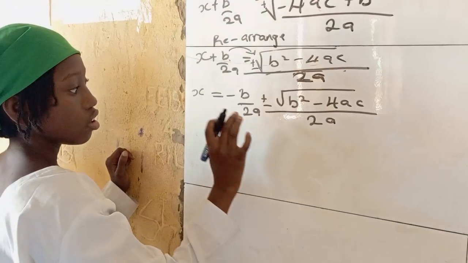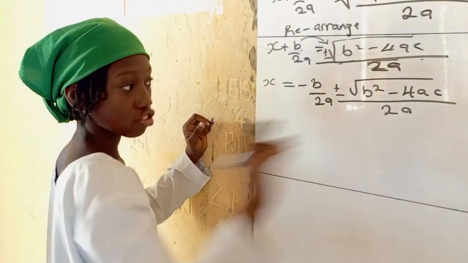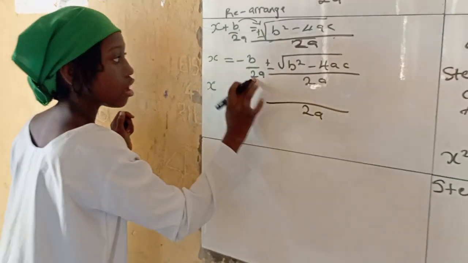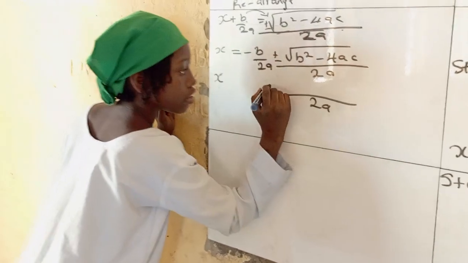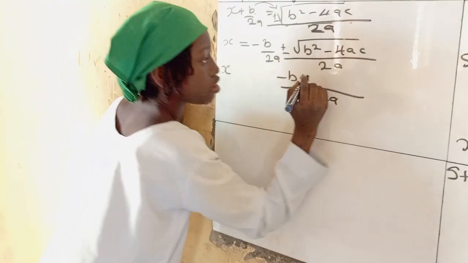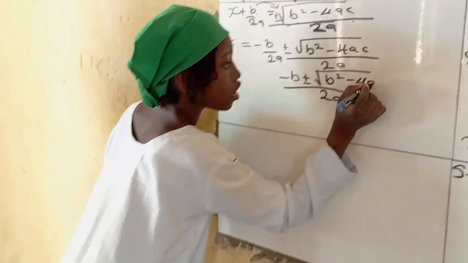Here now, their denominators are the same, so you can just decide to pick one. Just like finding our LCM. Okay, let's find the LCM. 2a. This here 1. 1 times this is still minus b plus or minus this here 1. 1 times this, still left with root b squared minus 4ac.